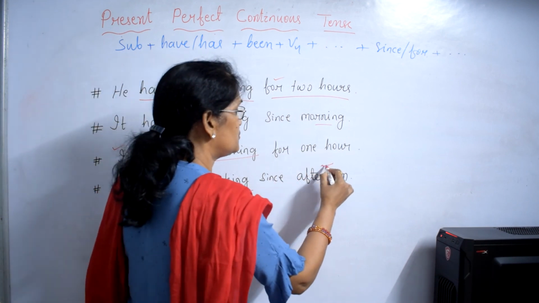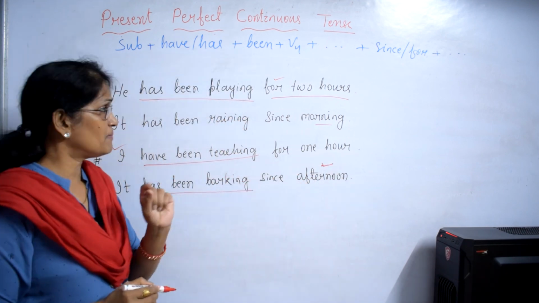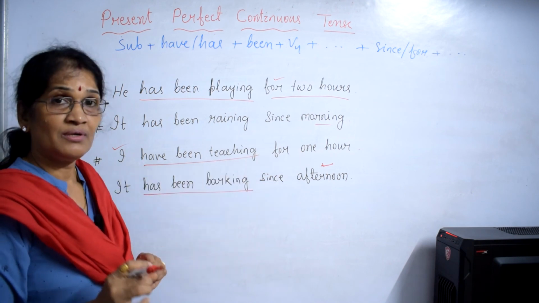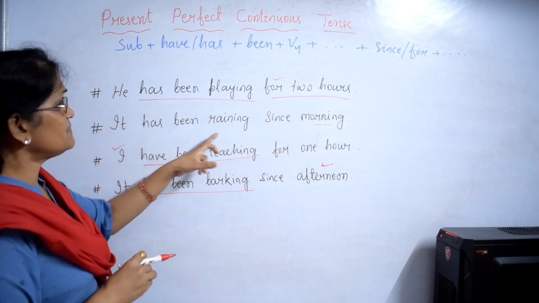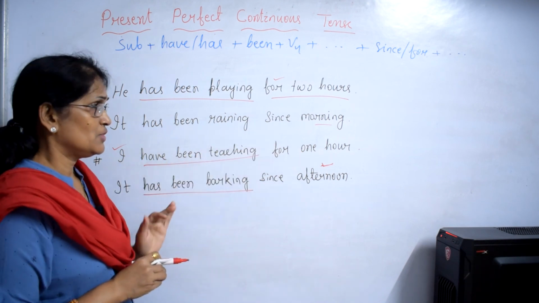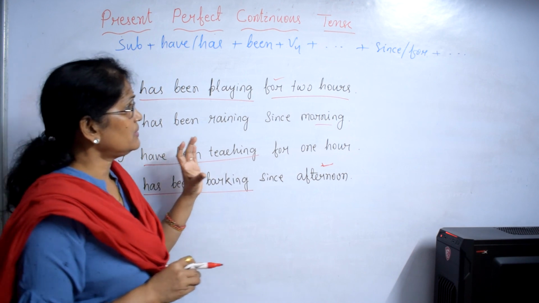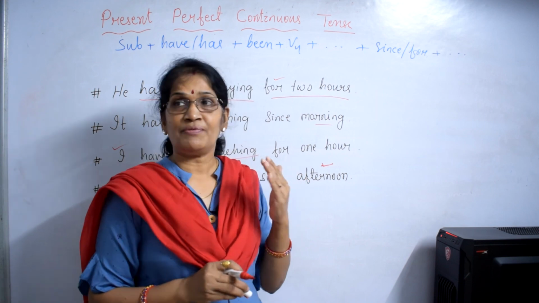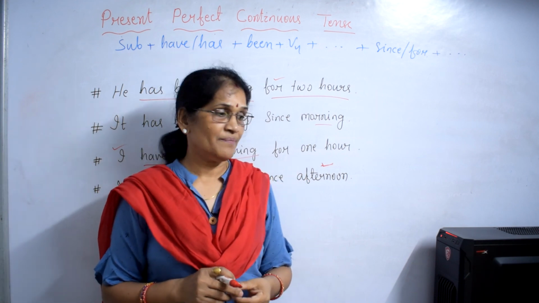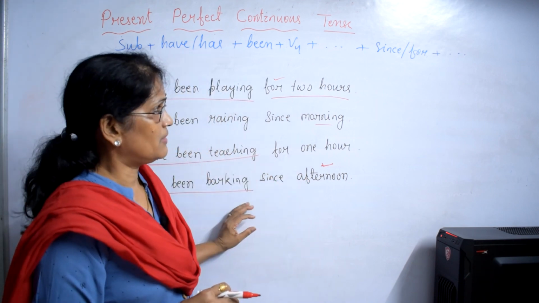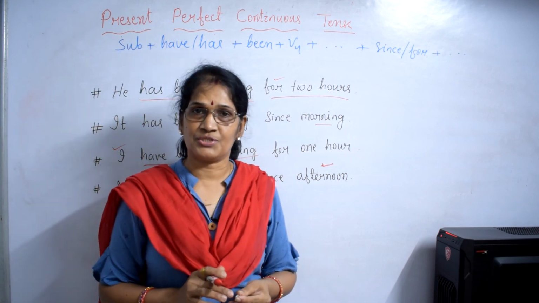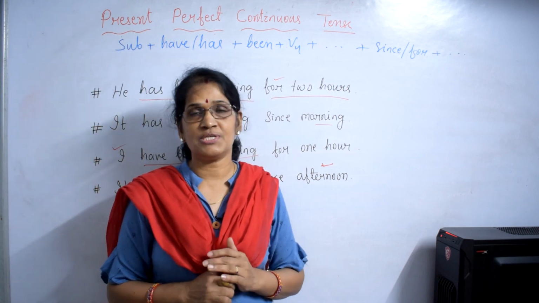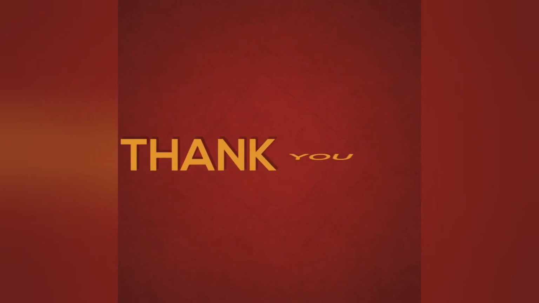Since is used for a point of time, remember, and for is used for a period of time. It has been raining since morning. So in such a way we can use our present perfect continuous structure. Okay, I hope you got the concept clear. If you have any doubt, you can ask in the comment section. Thank you. Stay safe. See you in the next one.